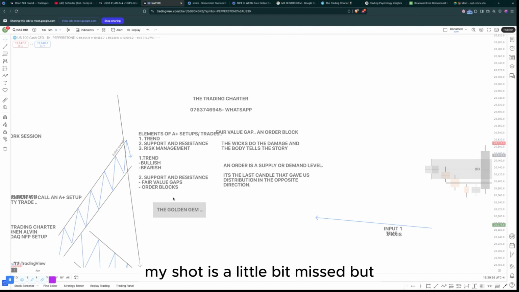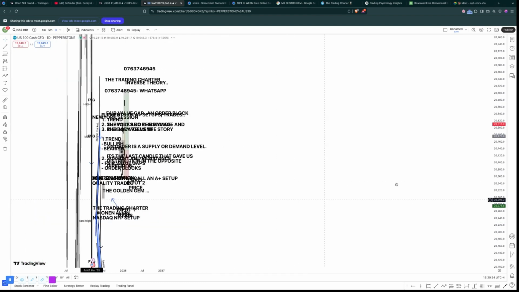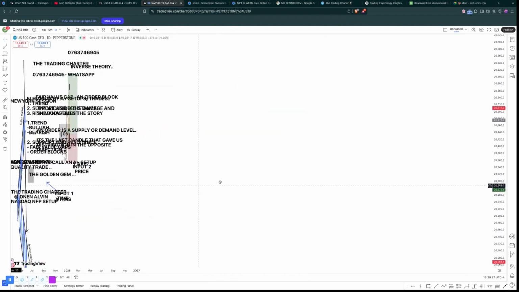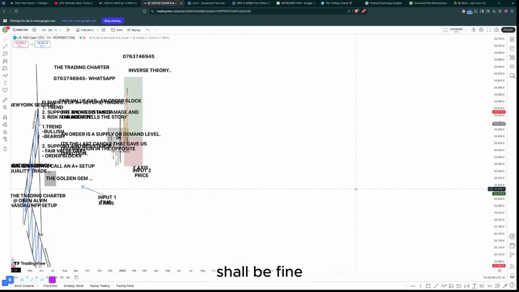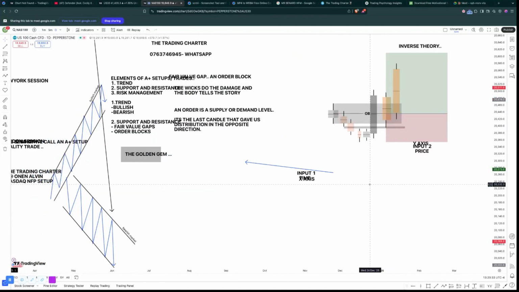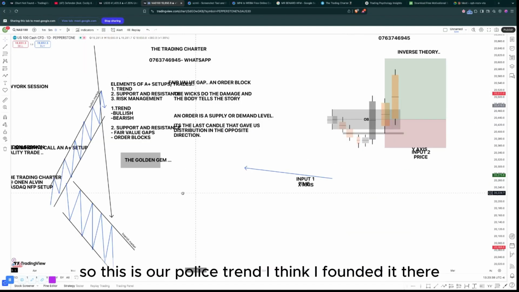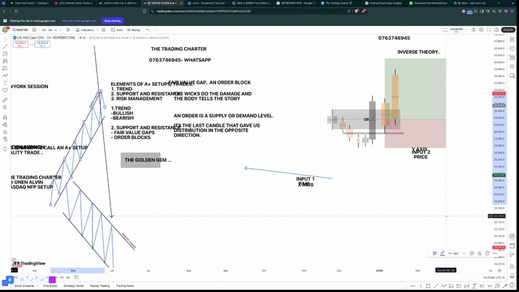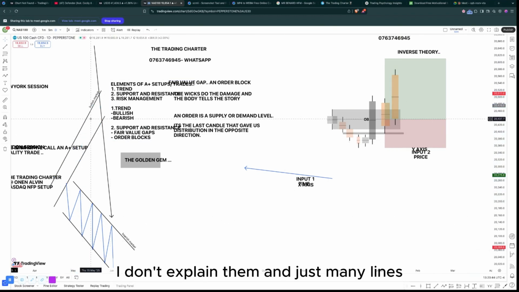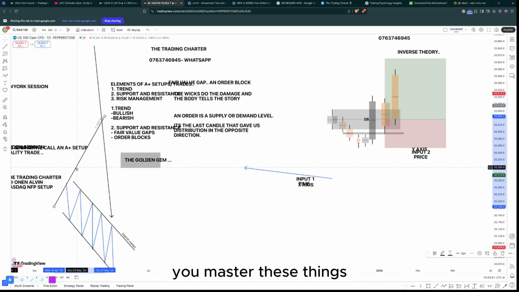My chart is a little bit messed, but shall be fine. So this is our bullish trend. I think I can delete them. I'm done with explaining them. They're just many lines, but then you have to make sure that you master these things.